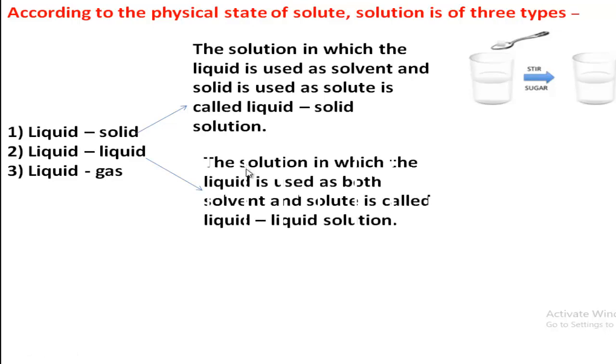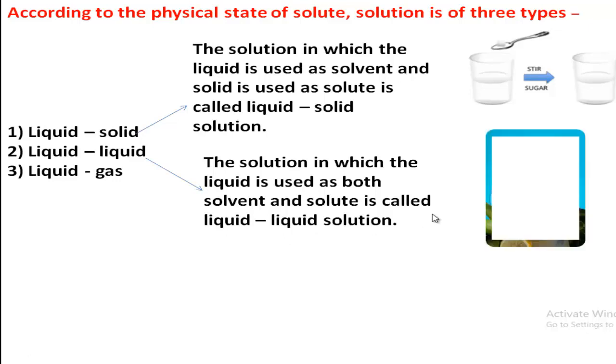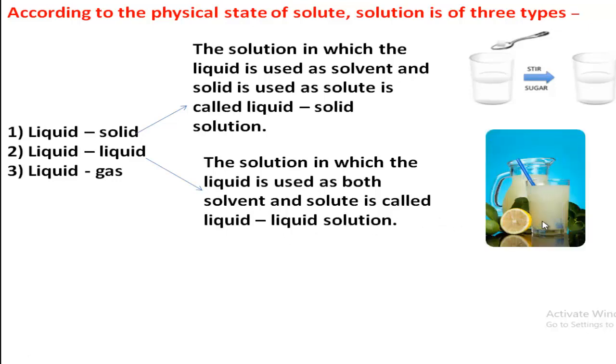Now liquid liquid solution. Now you can easily understand: where liquid is used as both solvent and solute, it is called liquid liquid solution. For example, lemon juice. Here lemon juice is a liquid substance and water is also a liquid substance. So we can say this is a liquid liquid solution.